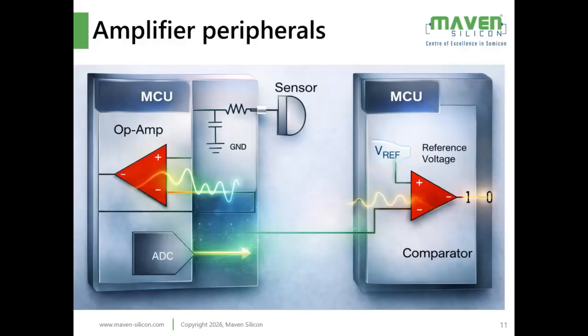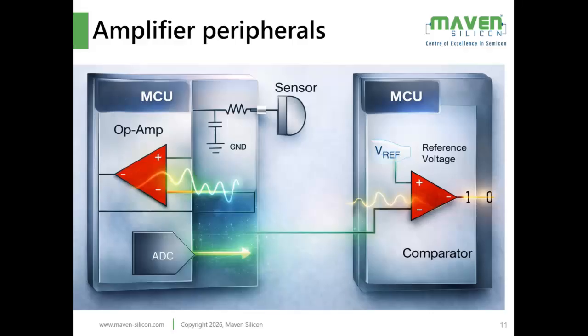Now, amplifier peripherals are also one integrated part of the MCU. They are used when the input signals are very weak. One example I told, like the LM35 temperature sensor. There the voltage change with respect to the temperature is very weak, in some microvolt range. So we need to increase the signal strength so that it improves the accuracy of the measurement, right?